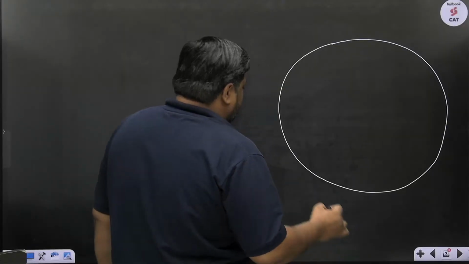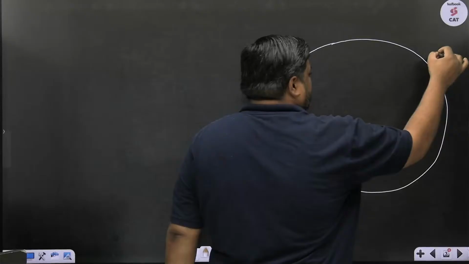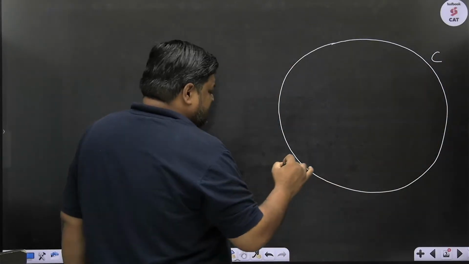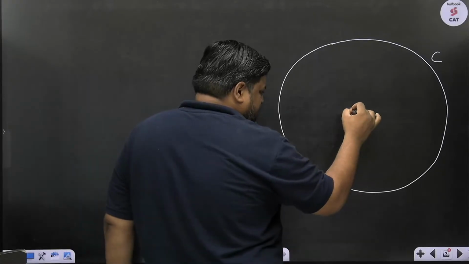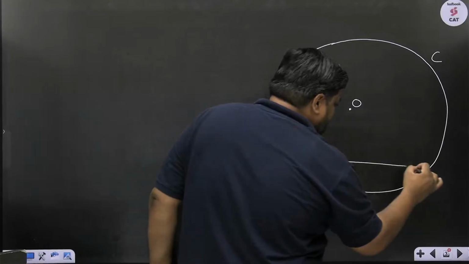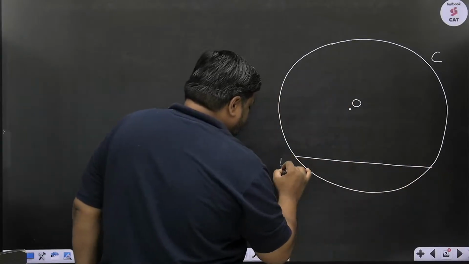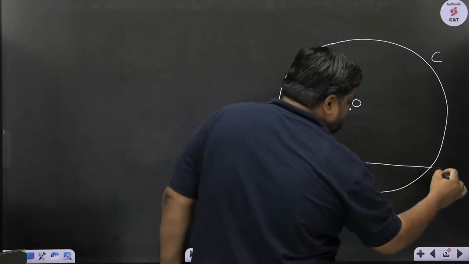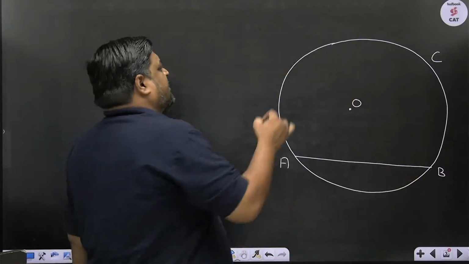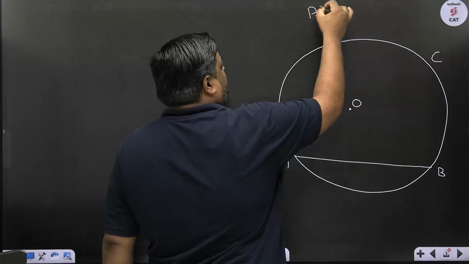Let this be a circle, call it C. And what would be this? AB, and the center of this circle be O. What is this AB? Guys, AB is a chord. C-H-O-R-D. AB is a chord.